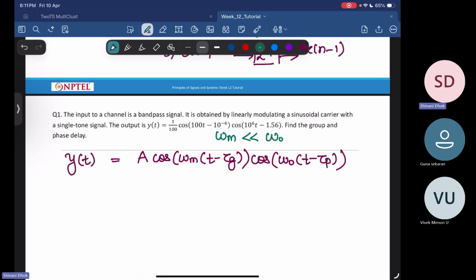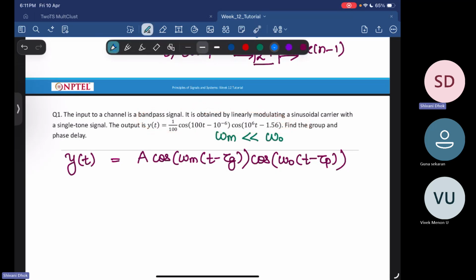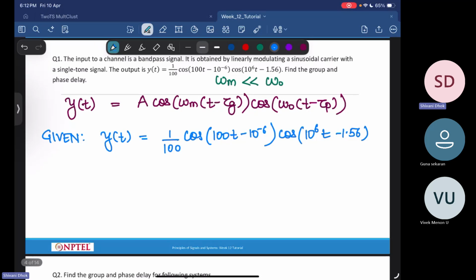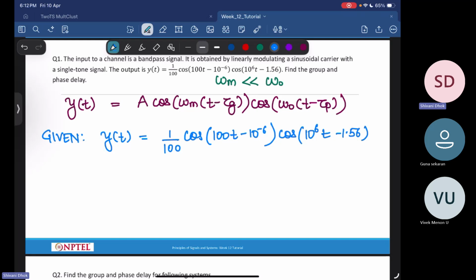Okay, now we are given a particular output signal y of t here. So what is given to us is y of t equal to 1 by 100 cos of 100 t minus 10 raised to minus 6, cos of 10 raised to 6 t minus 1.56. We'll try to represent this given y of t in the form that we just saw. This 1 by 100 remains as it is.